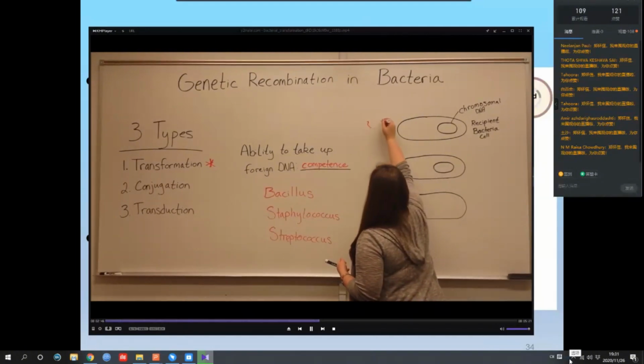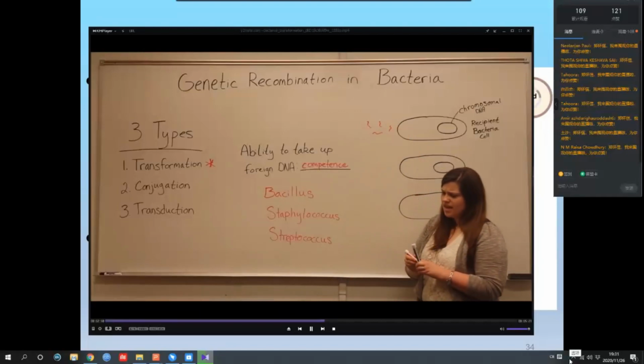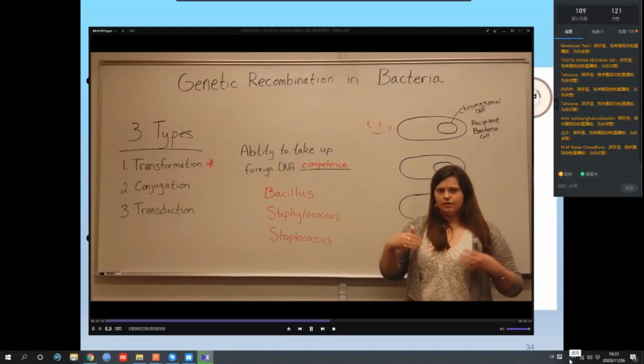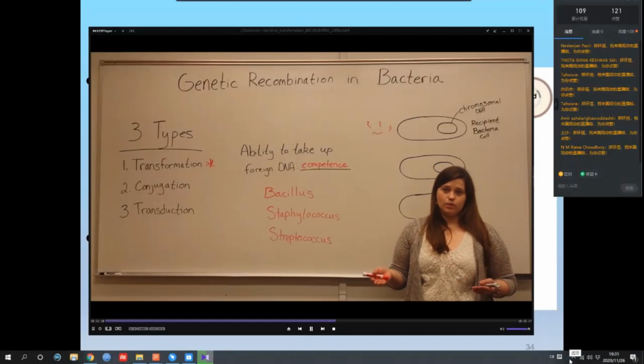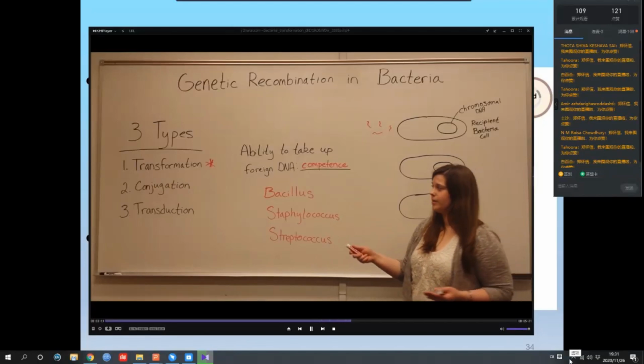I'm going to draw this foreign DNA in red. This is DNA that is just going to be floating through the cell's environment. It might, for example, be from a previous bacteria cell that died and lysed, and pieces of this donor cell's DNA are now just floating around the environment.